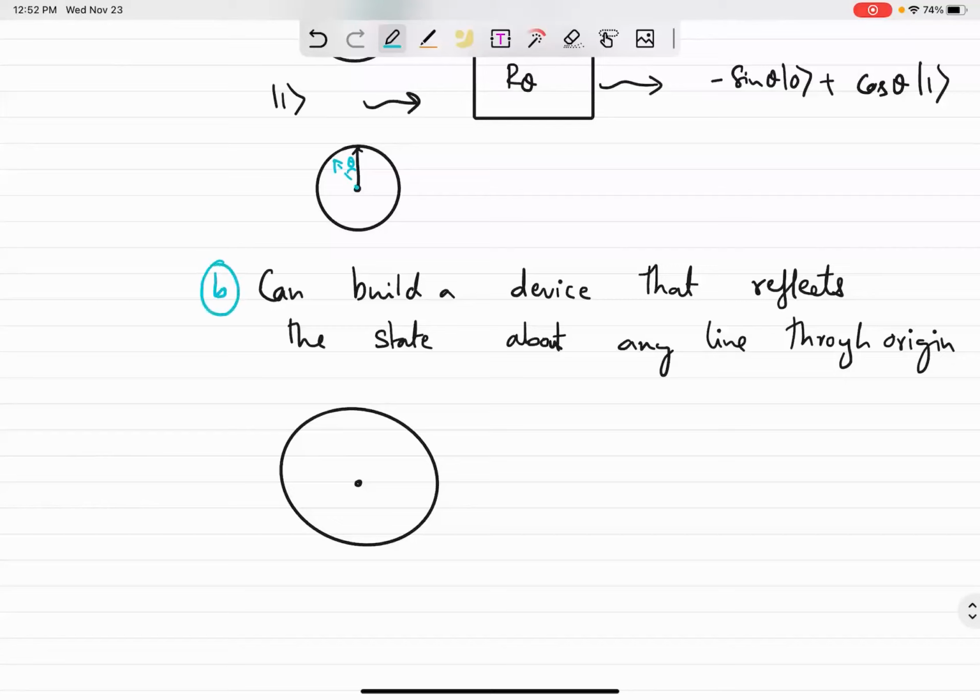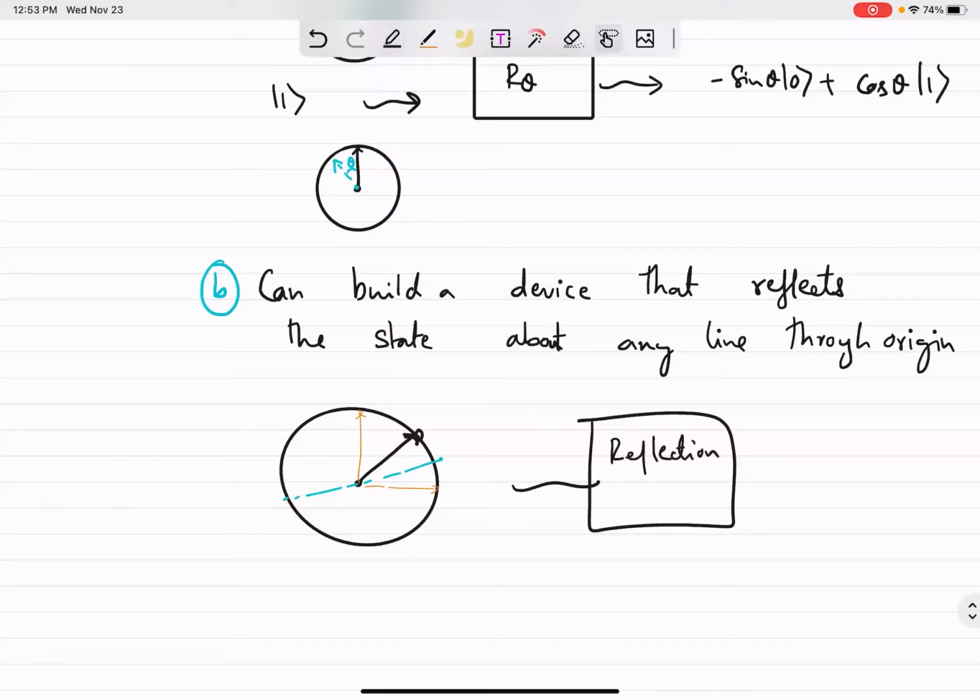Okay. All right, so take any line like this. Maybe I'll choose a special line in a bit. This is like the standard X and Y axis. And you can build a device. If I pass something in state here, what comes out of this device?